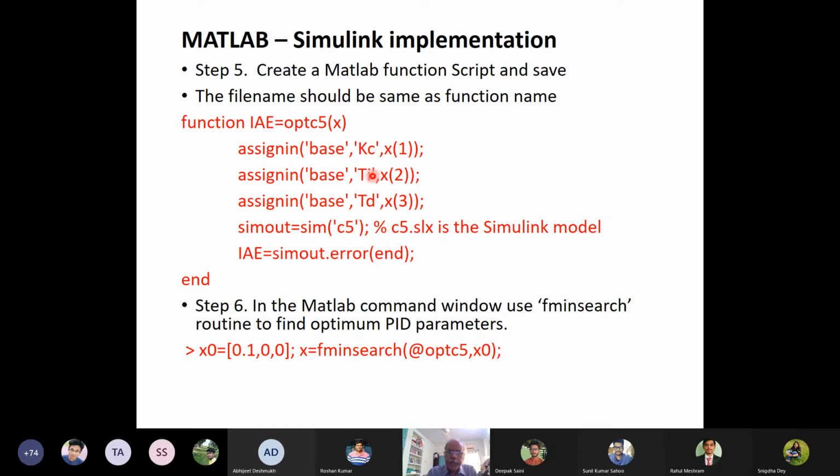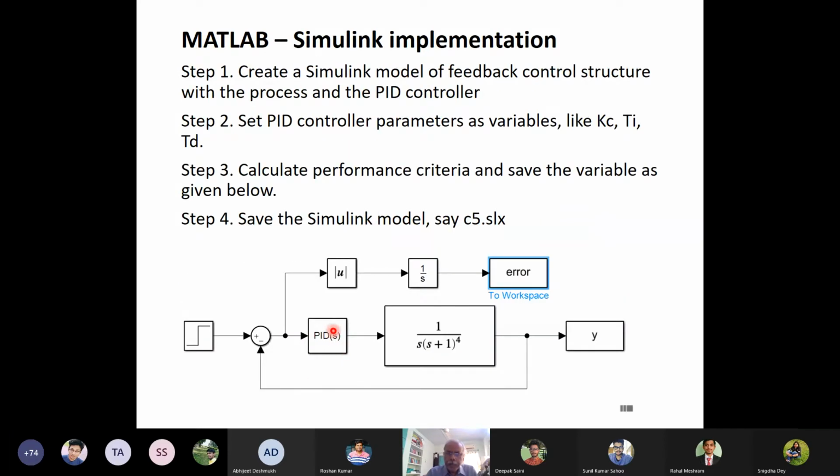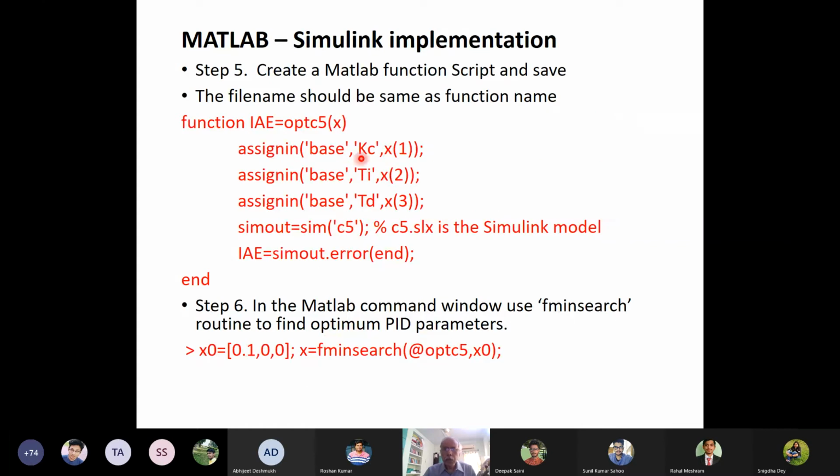This Kc, Ti, and Td is specified over here in the PID. I put the PID control parameters as Kc, Ti, and Td.